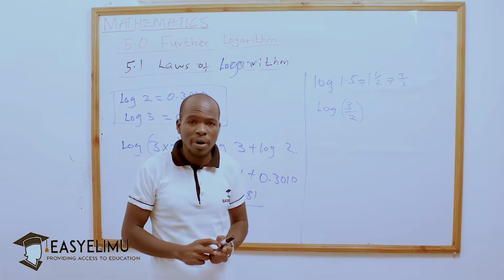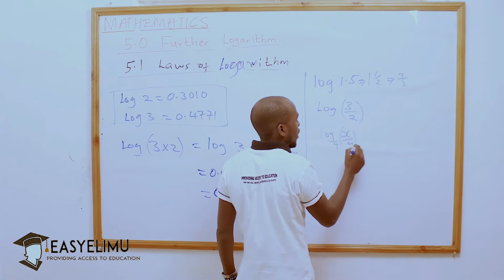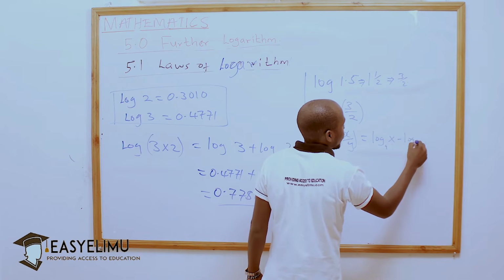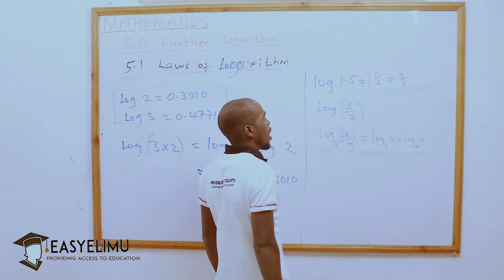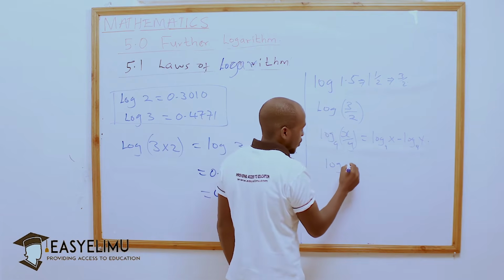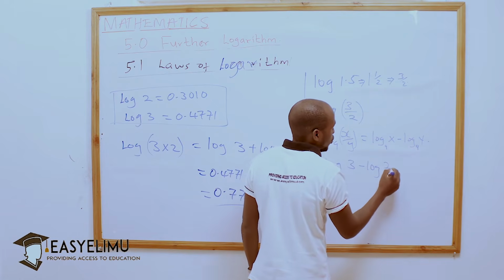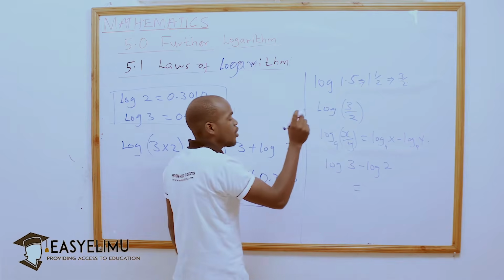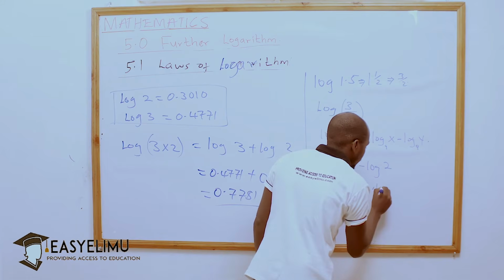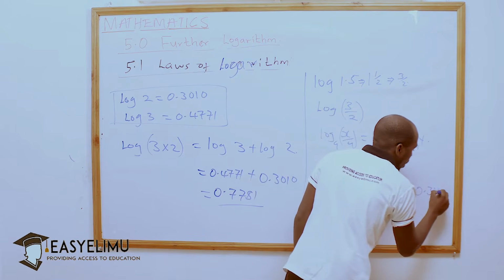Remember what we said: log of x over y to the base of a is the same as taking log to the base of a of x minus log to the base of a of y. So in this case, we are having log of 3 over 2, which is the same as log of 3 to the base of 10 minus log to the base of 10 of 2. Log 3 is 0.4771 and log 2 is 0.3010.